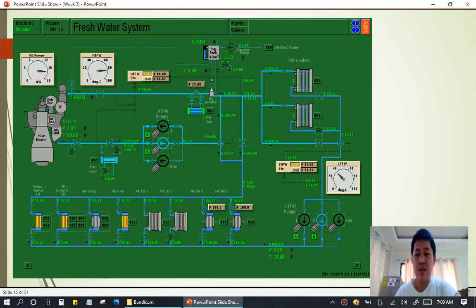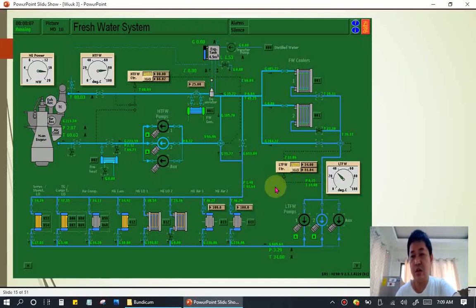As well as here in the low temperature press water, we also have the sensor connected. This is controlled automatically because the temperature of the press water is detected by your thermocouple sensor and the signal is sent to the controller. So this is one of the applications.